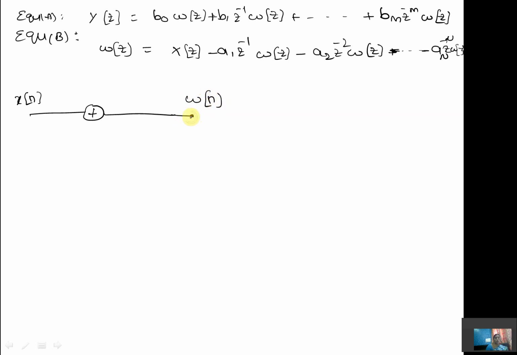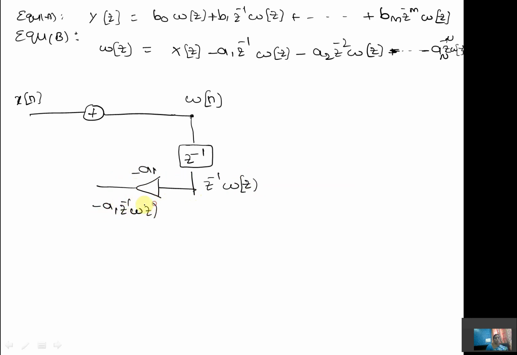So now use the delay z power minus 1, then here z power minus 1 W of z, multiply that one with the multiplier unit, that is minus a1, then the resultant one is minus a1 z inverse W of z, which is added to the X of z.